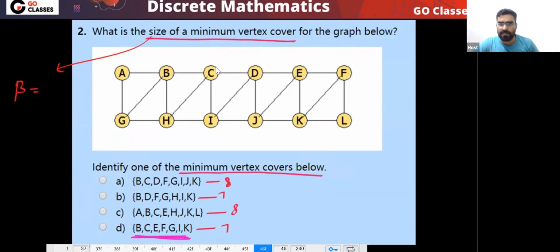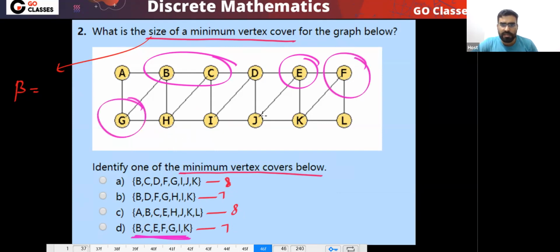Is this a vertex cover? B, C, E, F, G, I, J, K. Okay, B, C, E. Next, F, G, I, J, K. Tell me, are all the edges covered? You can notice one very interesting thing.